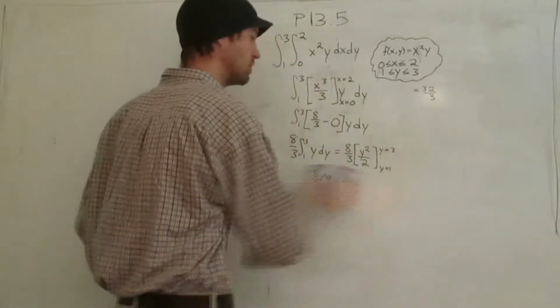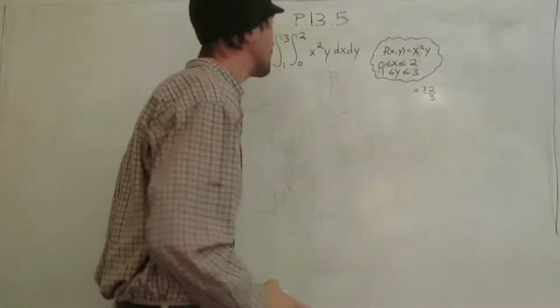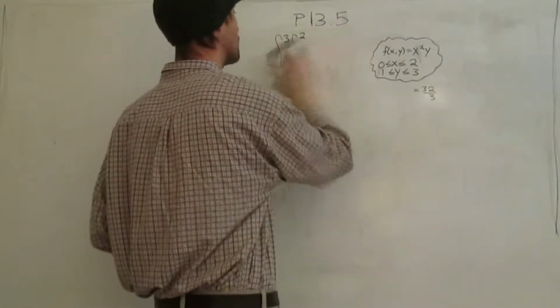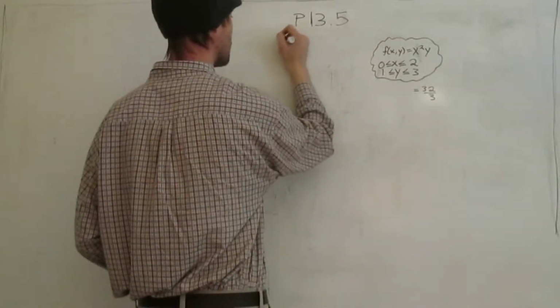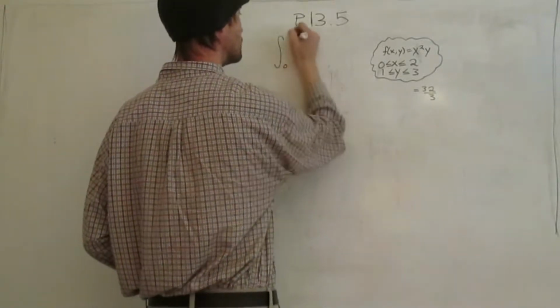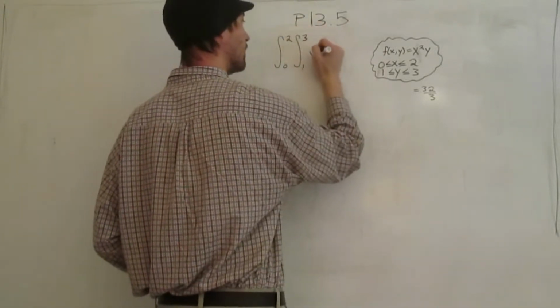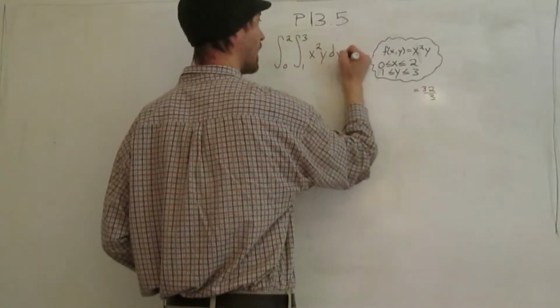Now, just to prove to you that it works both ways, let's really quickly evaluate it with the opposite order. Instead of that way, let's go integral from 0 to 2, integral from 1 to 3 of x squared y dy dx.